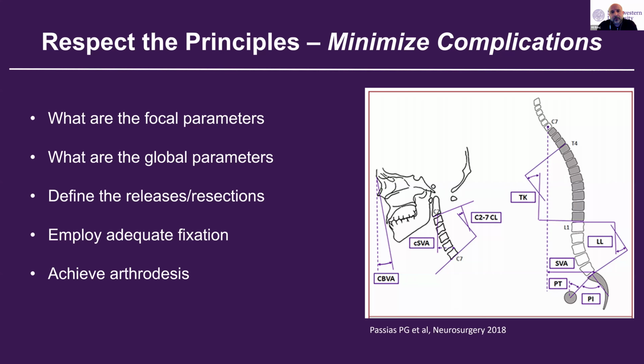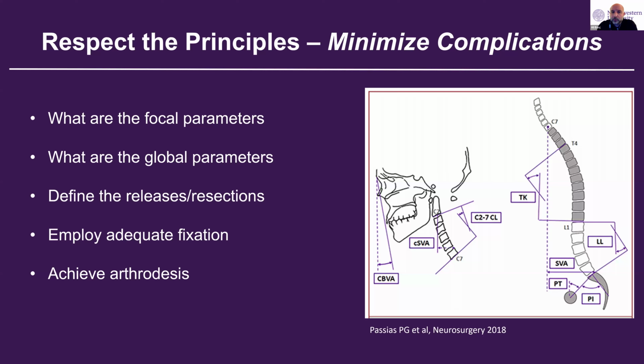So in cervical spinal deformity surgery, not unlike lumbar degenerative deformity, it's all about studying the parameters. Of course, after a thorough history and exam and ensuring that the indications are proper, it really necessitates a detailed analysis of the imaging studies.